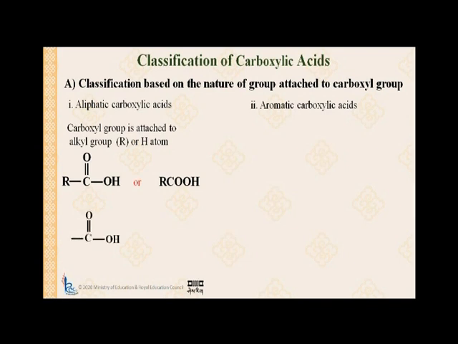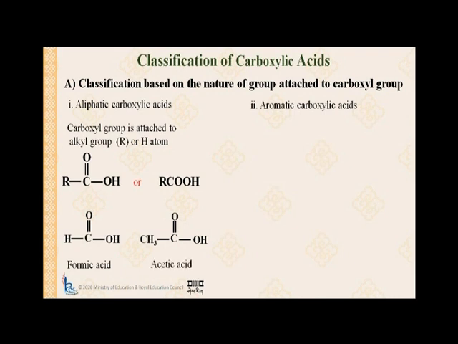In case it is replaced by hydrogen, what we get is a common carboxylic acid known as formic acid, and if the alkyl group is a methyl group, then we get CH3COOH, known as acetic acid.